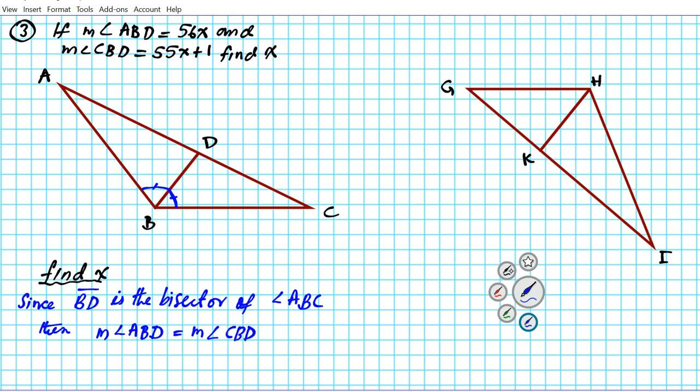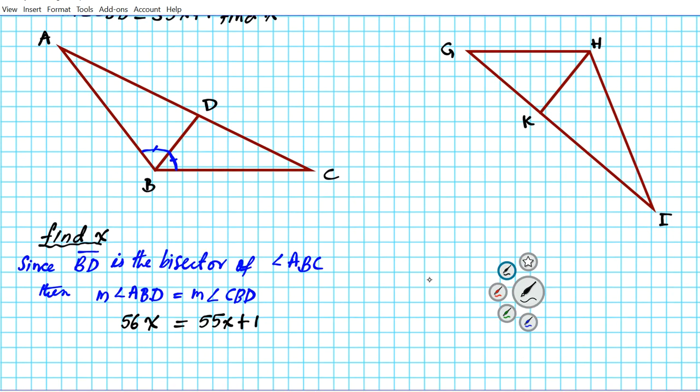So now let's go ahead and substitute. Measure of ABD and CBD are the same. So if we substitute ABD is 56x, and then that's equal to measure of angle CBD, which is 55x plus 1. So let's go ahead and solve this resulting algebraic equation. So we're going to get the x on one side, so we'll subtract 55x from both sides of the equation.